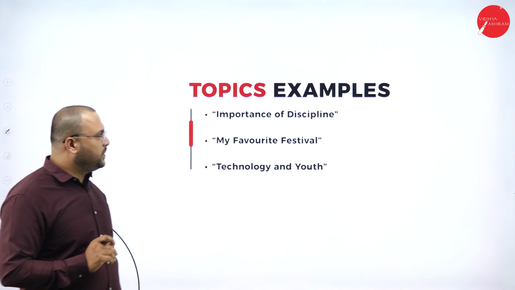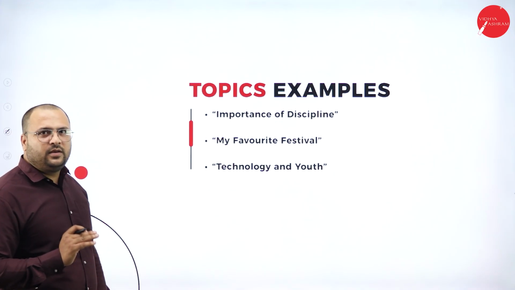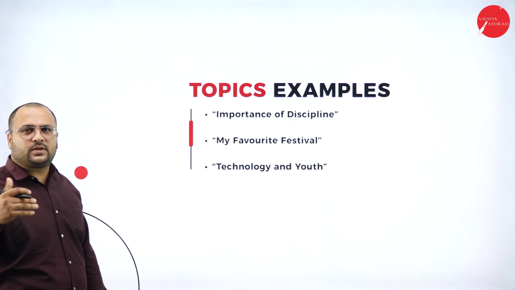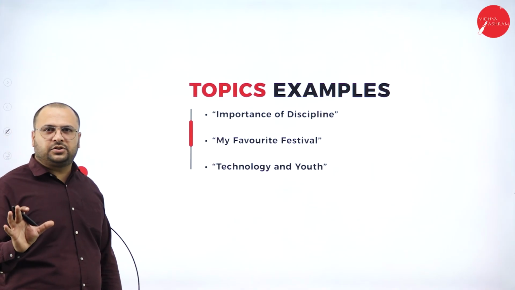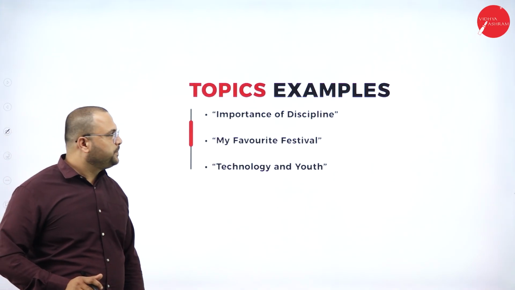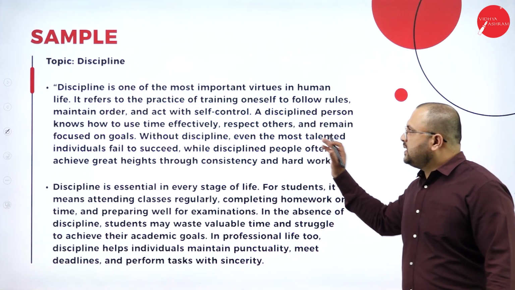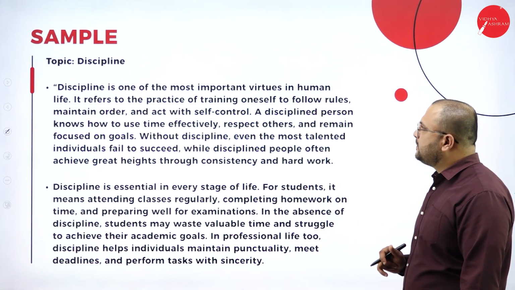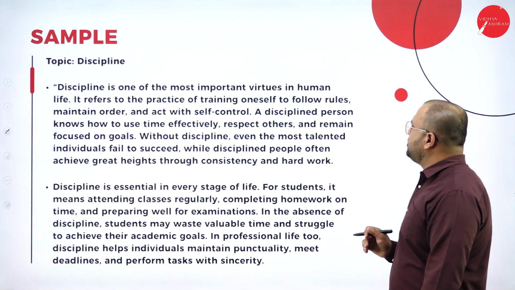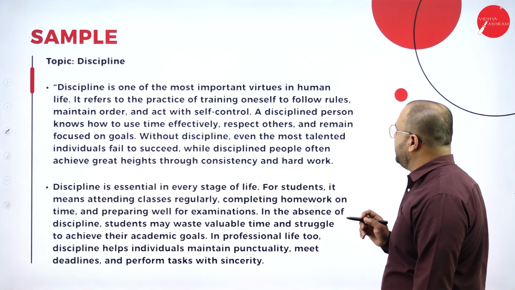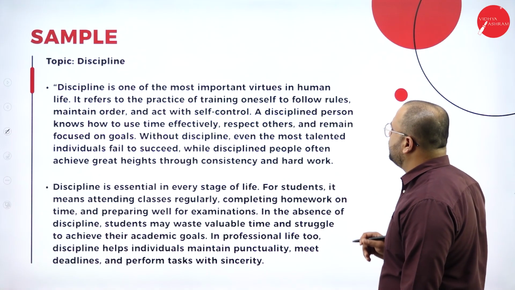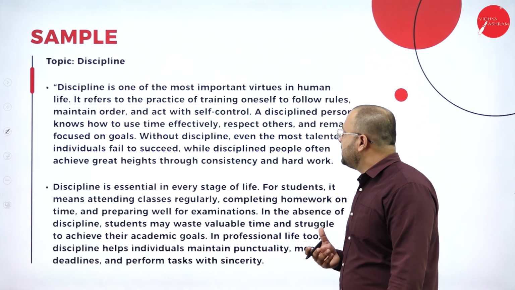So please remember, you know the topic, you have to arrange your thoughts in order and then present it on paper. You are not going to speak, but you can give a beautiful structure and display your thoughts. Now, for an example, here is an essay on discipline. Discipline is one of the most important virtues in human life. It refers to the practice of training oneself to follow rules, maintain order, and act with self-control.